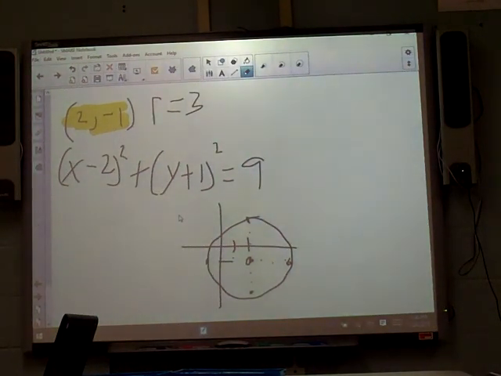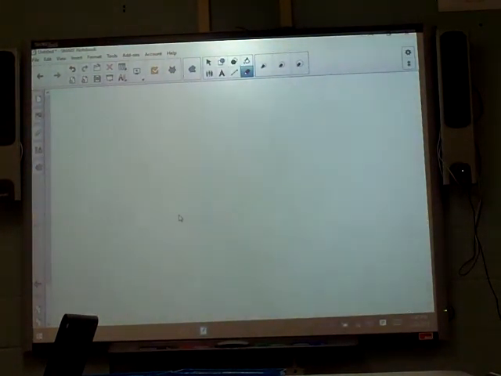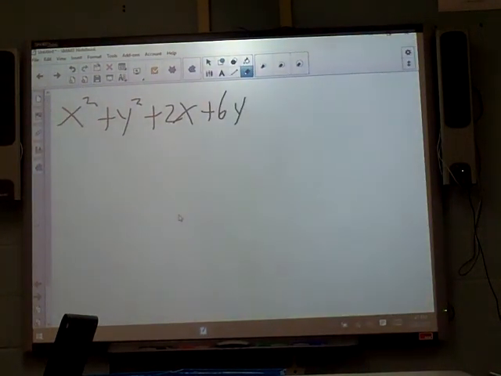Okay, this next one, like I said, is going to be the more difficult of the circle problems, and you'll see why when I get it written here. It says x squared plus y squared plus 2x plus 6y is equal to 15. The directions say find the center and the radius.